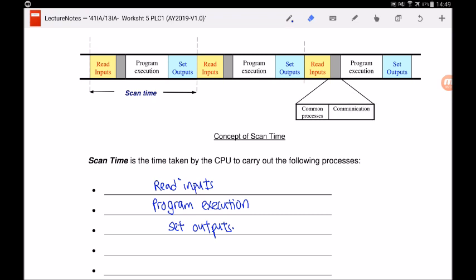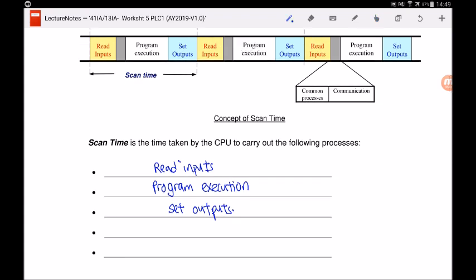The PLC is capable of being wired up to external devices such as a barcode scanner. So you can write that down: data communication with external devices, such as a barcode scanner.